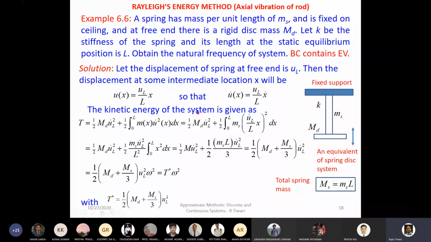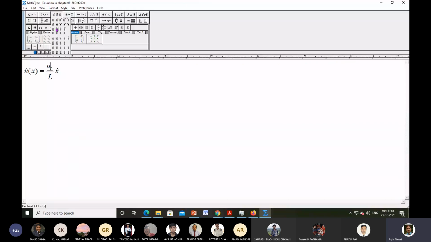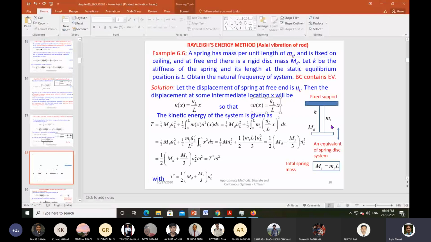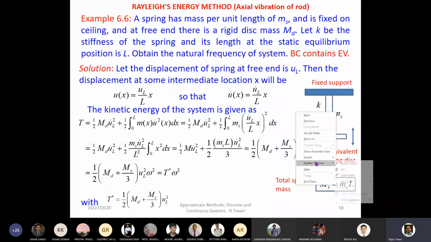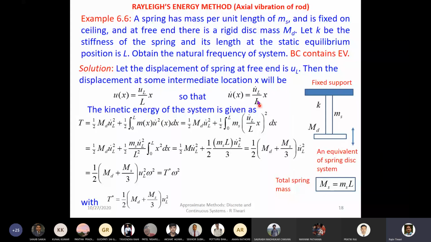Sorry, I think this should be, X is the location, so the derivative should be there in the U, not in the X. So we have this, which is the velocity of the spring at any point from the support at location X.